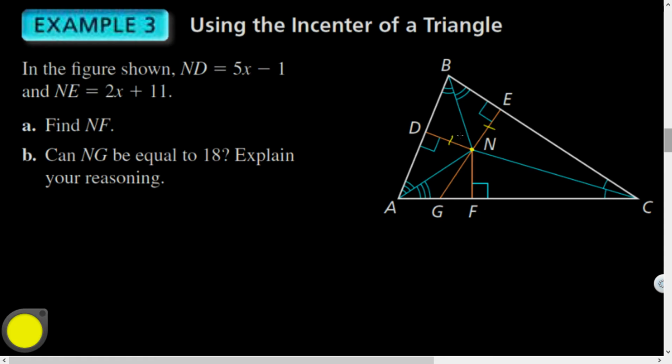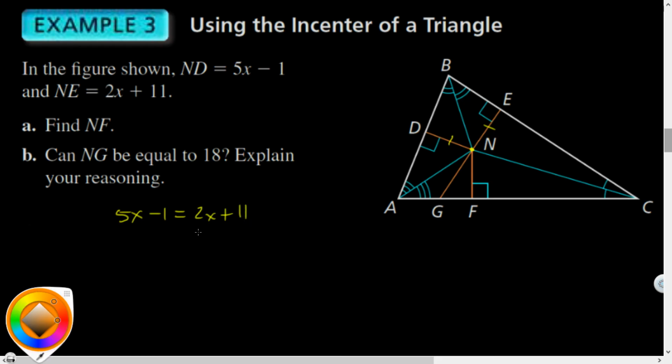Amazing. So those two, by definition of congruence, if the segments are congruent, then their measures are equal. If their measures are equal, what is NF? Find NF. Well, ND and NE are equal, so let's start with the other one. 5x minus 1 equals 2x plus 11.